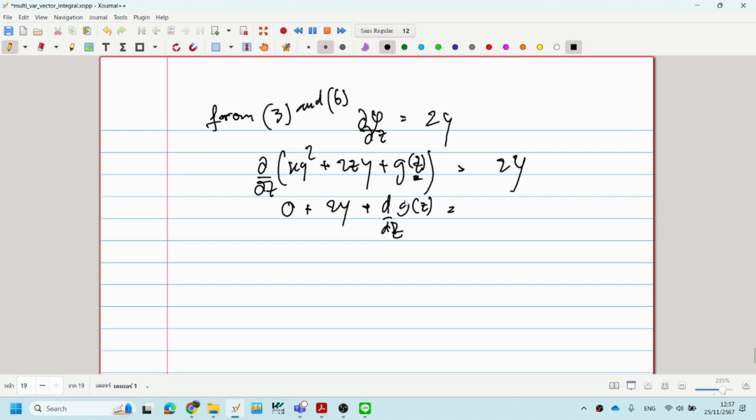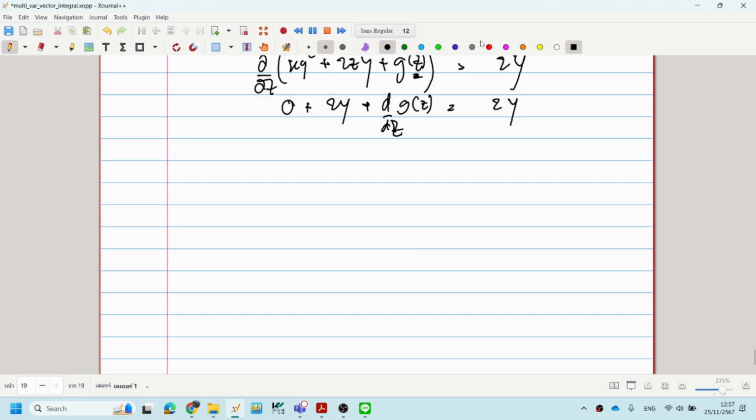Equal to 1, and y, compare both sides together. 2y on the right, 2y on the left, the same term, so both can be cancelled. So dg over dc equals 0, right?